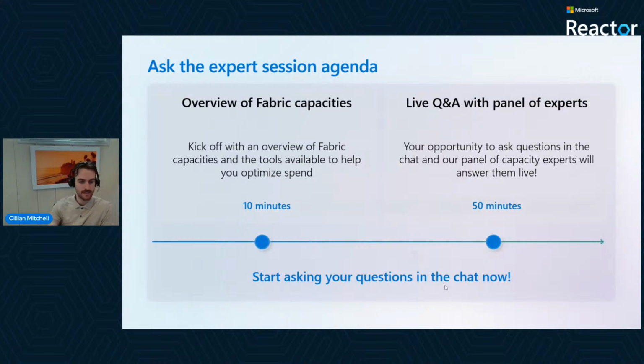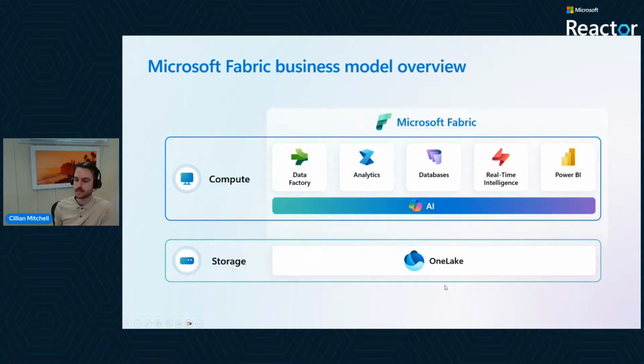So with that being said, let's start going over some of the basic concepts of Fabric and how we designed its licensing. When we initially designed how Fabric Capacities and licensing overall would work, the goal was to keep it as simple as humanly possible for admins.